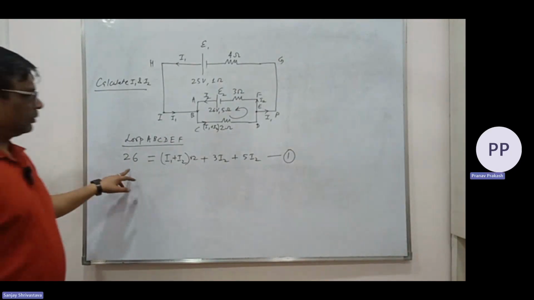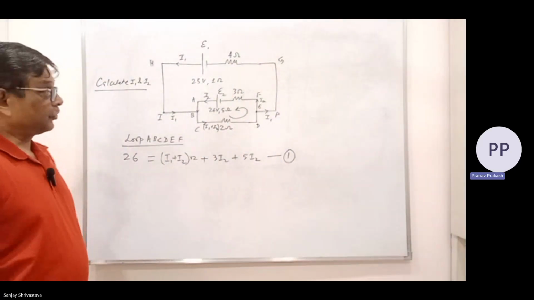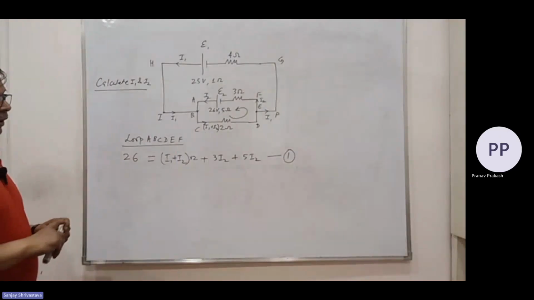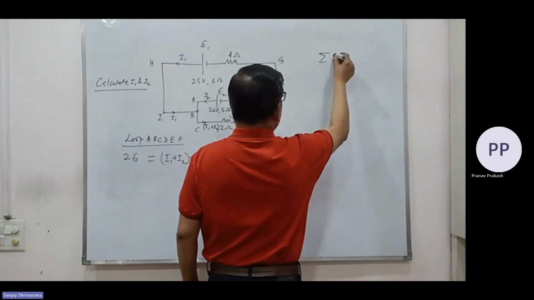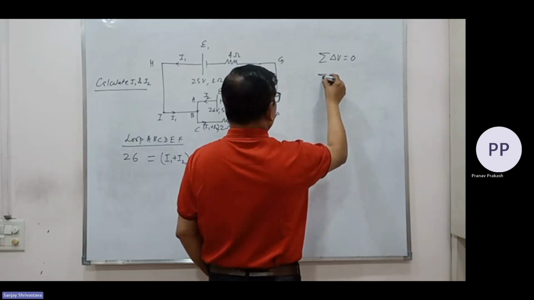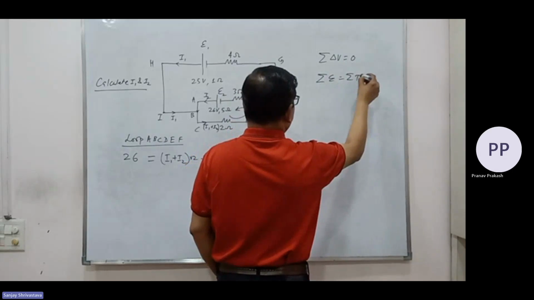But in KVL, the sum of voltage is equal to 0, right? It's in the opposite direction. Correct, if you remember, when we started, sigma delta V was equal to 0. Then we came out with a simple formulation: sigma E is equal to sigma IR.